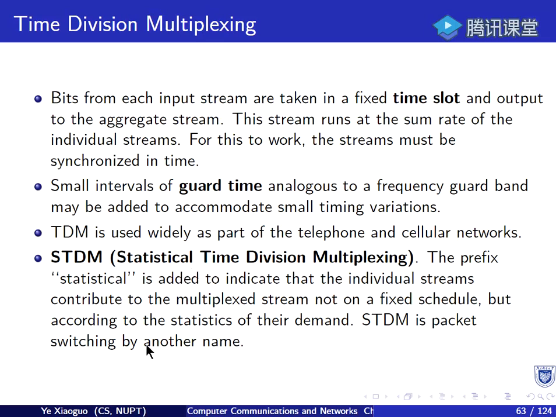The prefix statistical is added to indicate that the individual streams contribute to the multiplexed stream not on a fixed schedule, but according to the statistics of their demand. STDM is packet switching by another name. So packet switching is based on the idea of STDM.